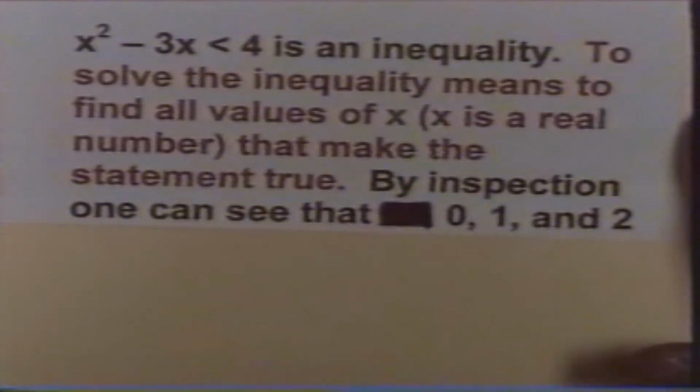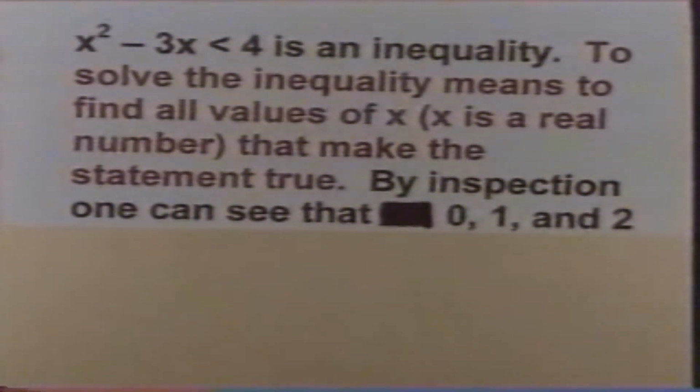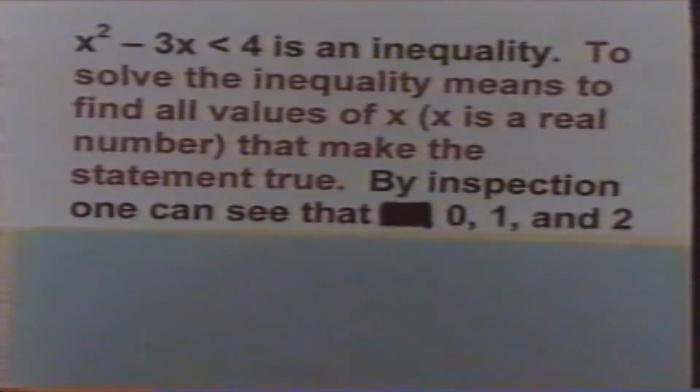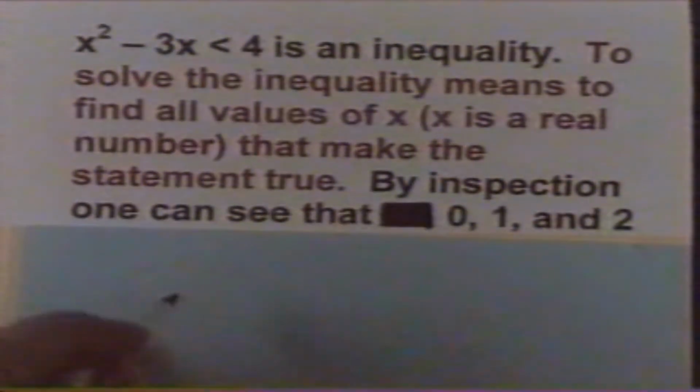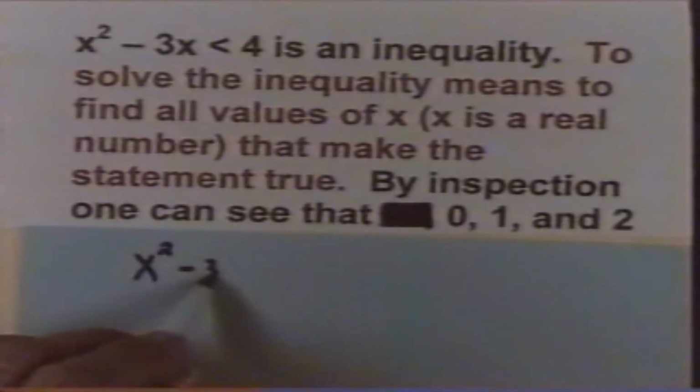By inspection, we can see that 0, 1, and 2 are solutions. I'll show you what I mean. We have x squared minus 3x less than 4.